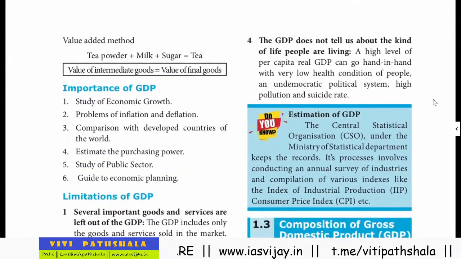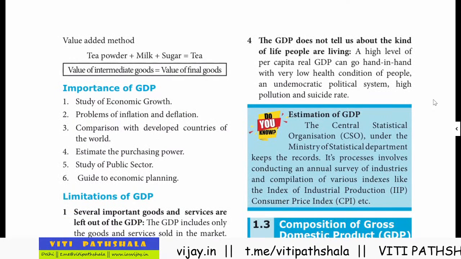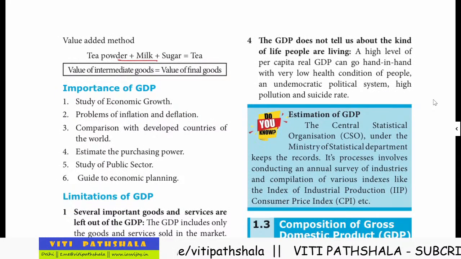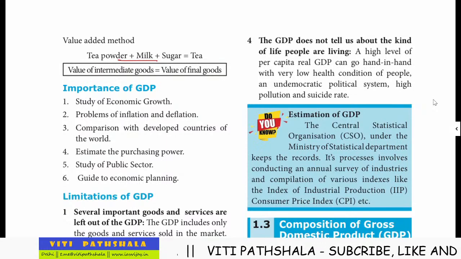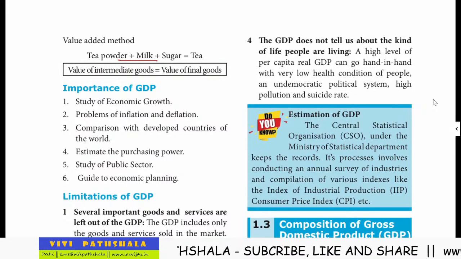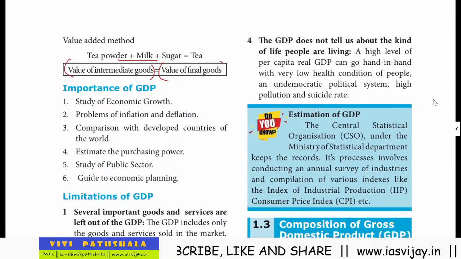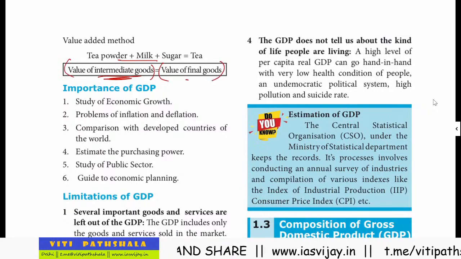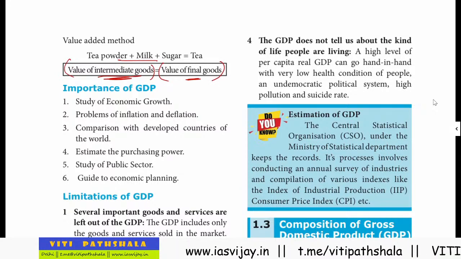So what is the value added method? Add the tea powder plus the milk plus sugar equal to tea. Now the value of the intermediate goods is equal to the value of the final good. जो intermediate good है उसकी value final good के बराबर होनी चाहिए.